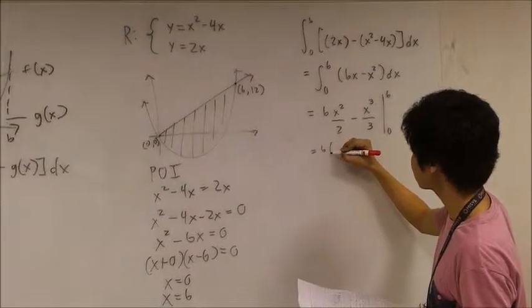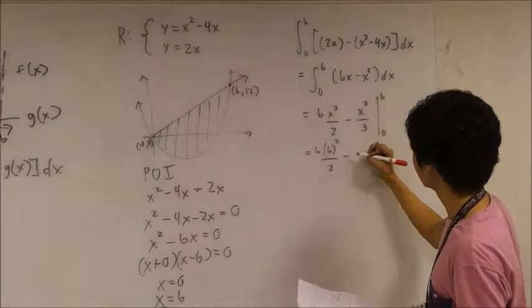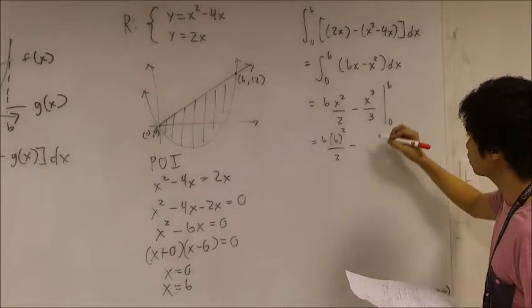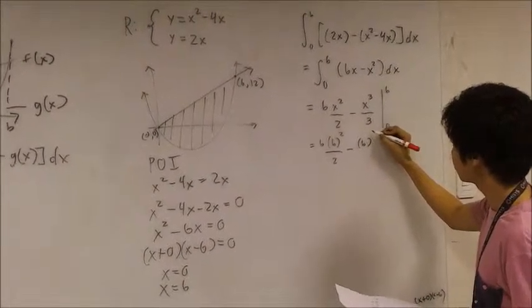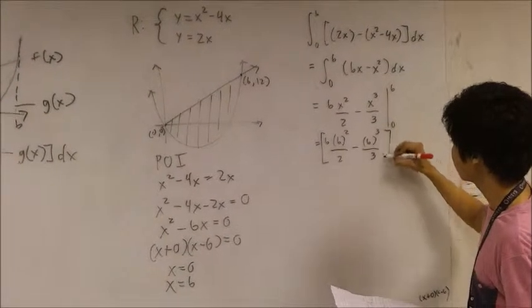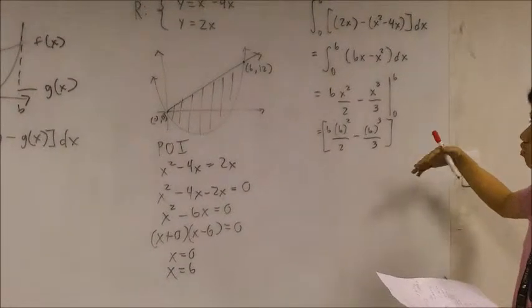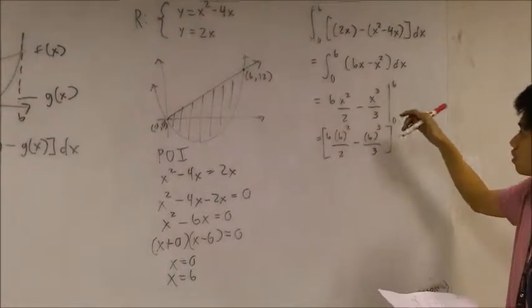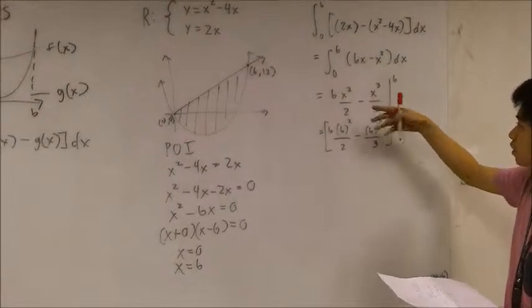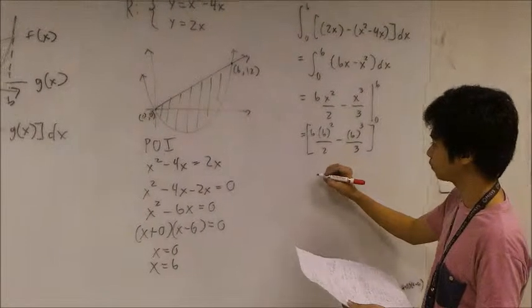So 6 times 6 squared over 2 minus, we plug 6 here, so it's 6 cubed over 3. So this is the first part. And we should actually subtract the value when we plug in 0 here. But in this case, if we plug in 0, it actually amounts to 0. So we don't have to write it anymore.